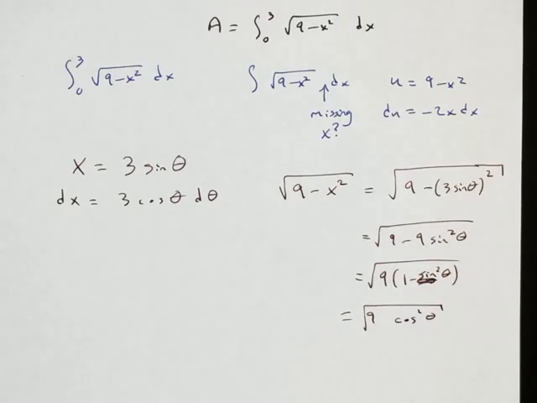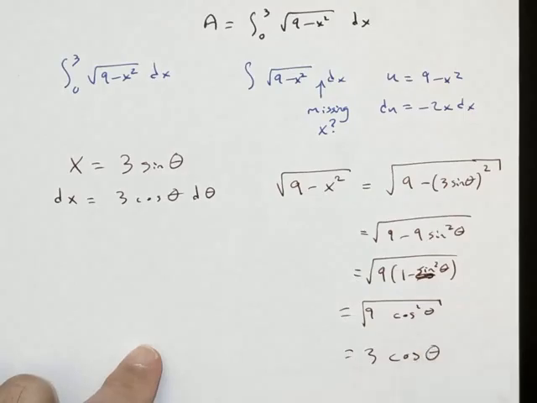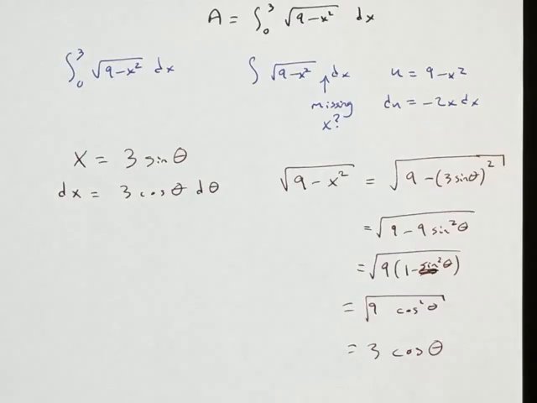Leo, now they're multiplied. So I can take the square root of each part. The square root of 9 is 3. Square root of cosine squared is cosine theta. And all of a sudden, I don't have any roots to worry about anymore. You sneaky booger.